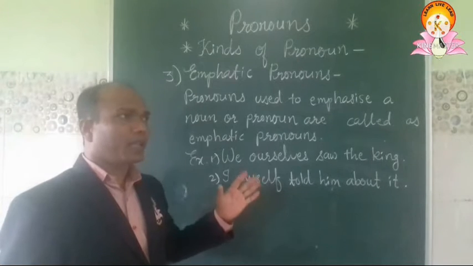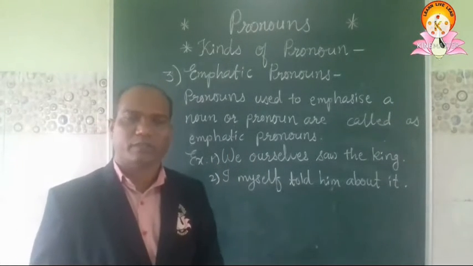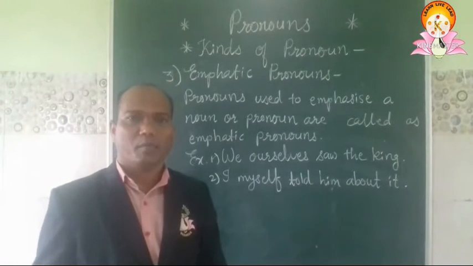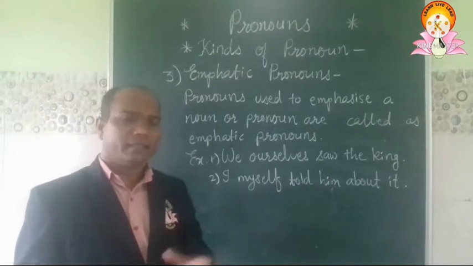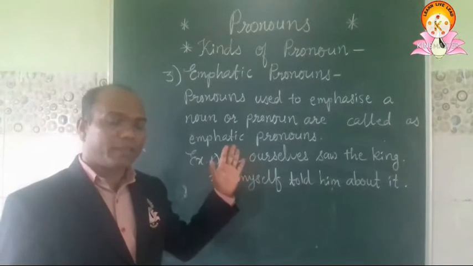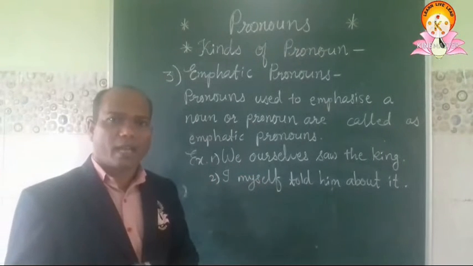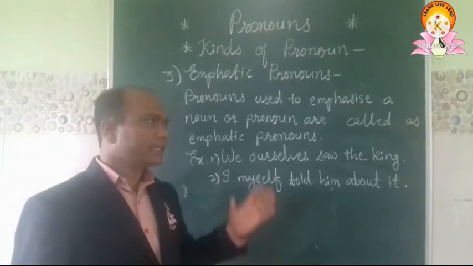They have exactly the same forms as reflexive pronouns. For example, himself, herself, myself, yourself, etc. But here they have different functions. They are not used as objects of the verb in these sentences.